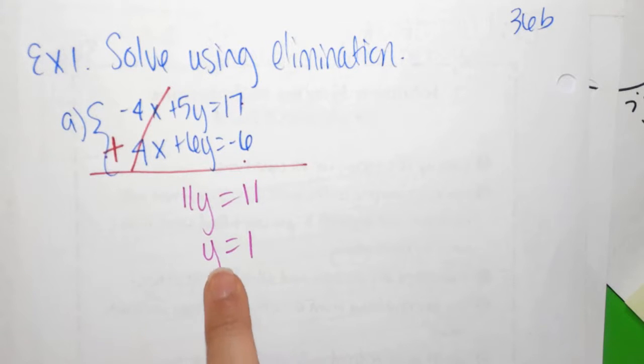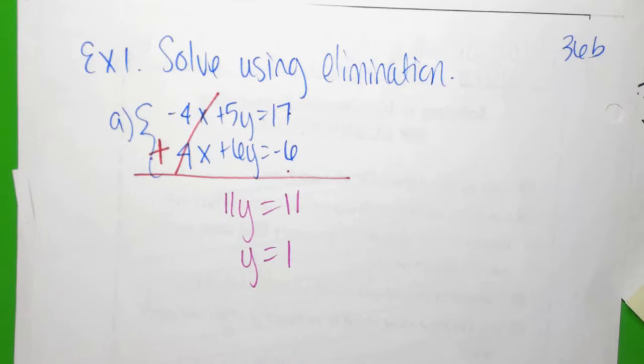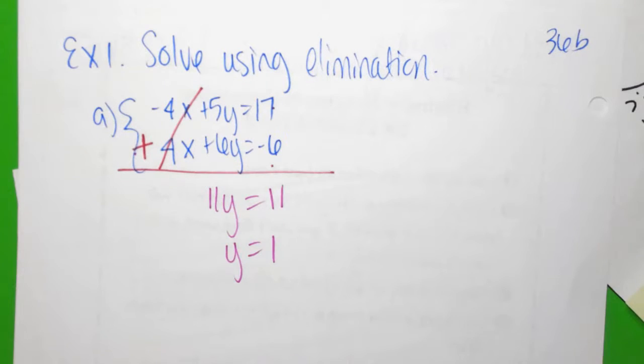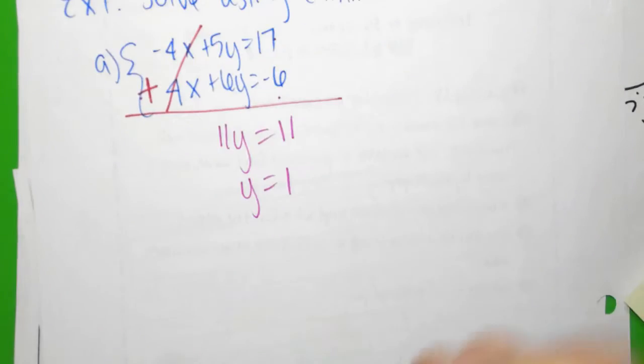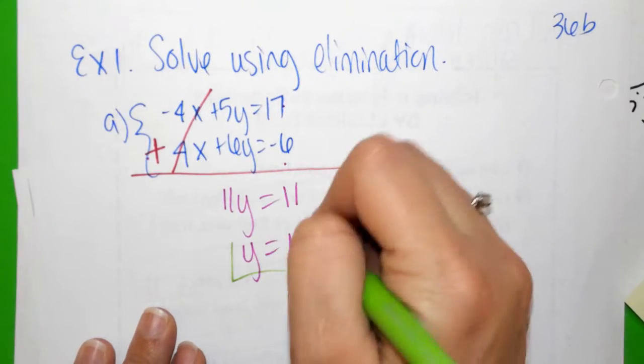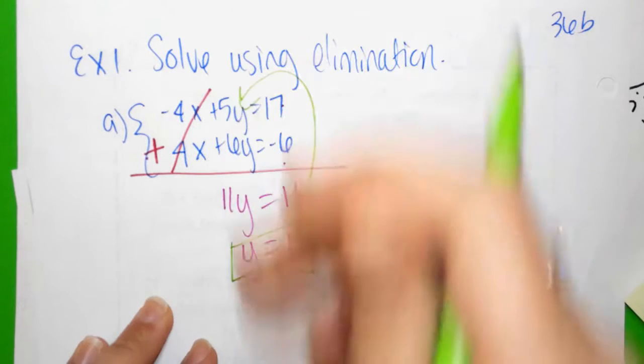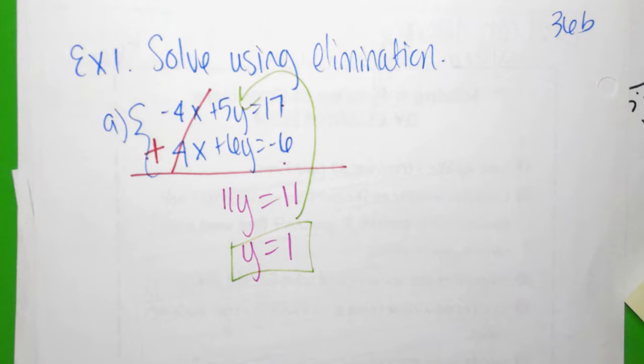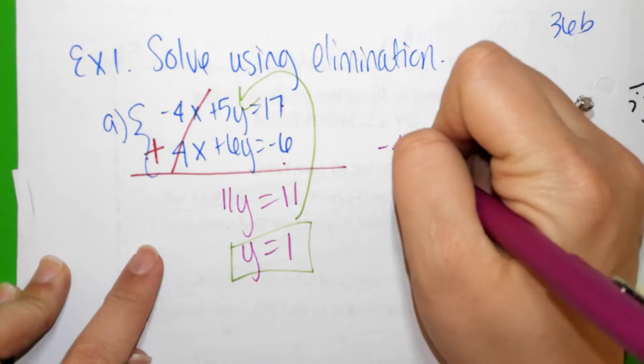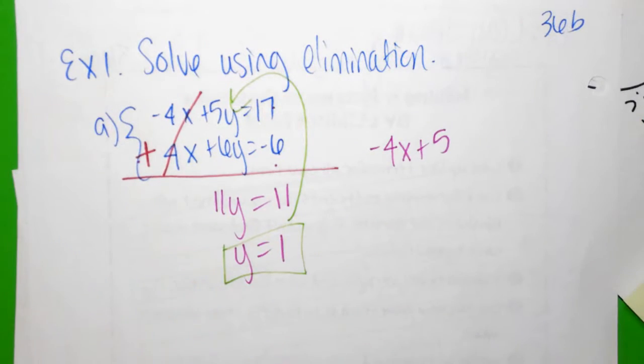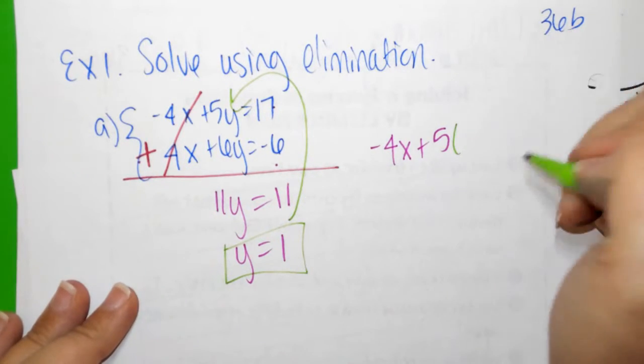Okay. All right, now we have to find what? X. How do we find X? Plug it into the top one. Take this guy. Plug it in up here. So negative 4x plus 5 times what does y equal? 1.